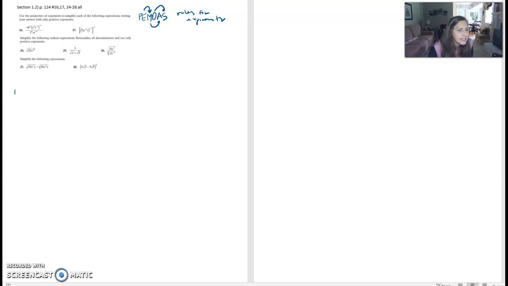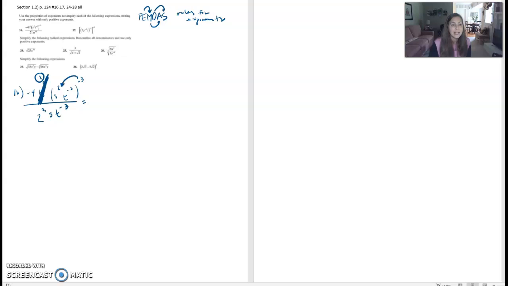Okay, number 16. It's negative 4, t to the 0, s squared, t to the negative 2, all that to the negative third, over 2 cubed, s t to the negative third. Off the top, we had a rule that said anything raised to the 0 power is 1. So I'm just going to scratch that out, and that's going to be a 1. I'm also going to distribute this.